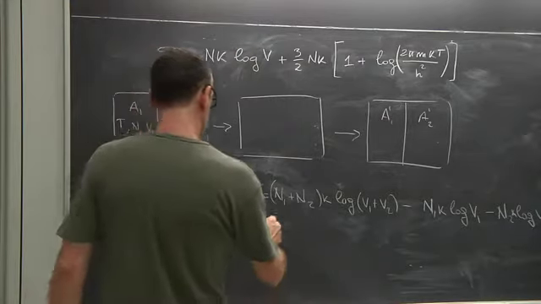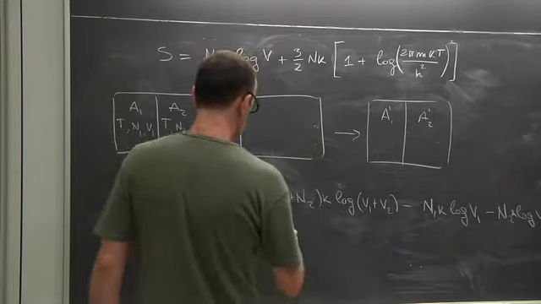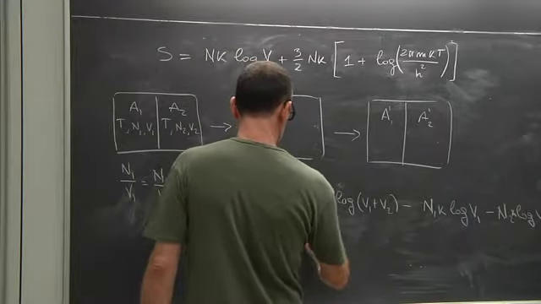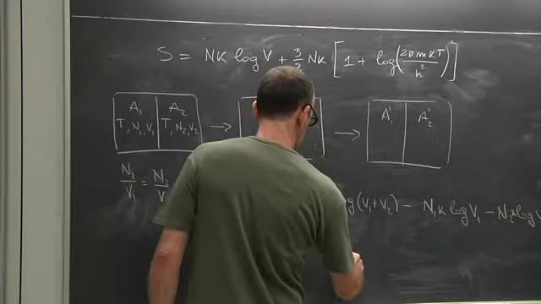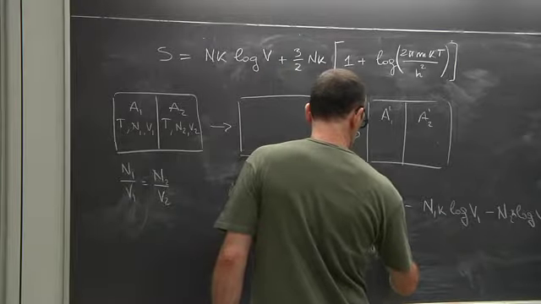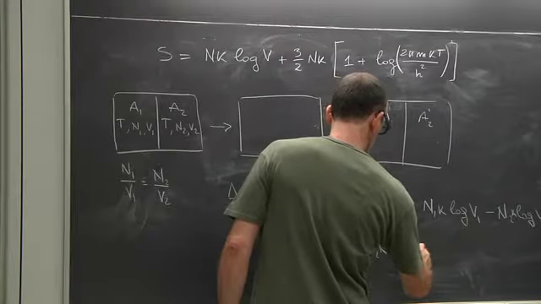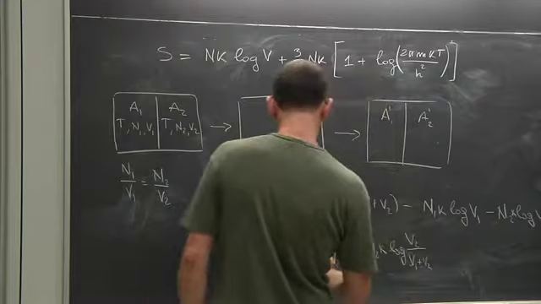So you can write this as N1 k log, sorry, with a minus sign.